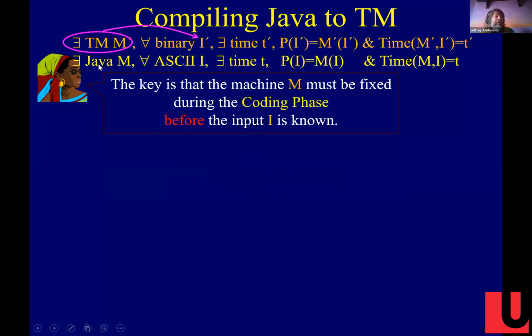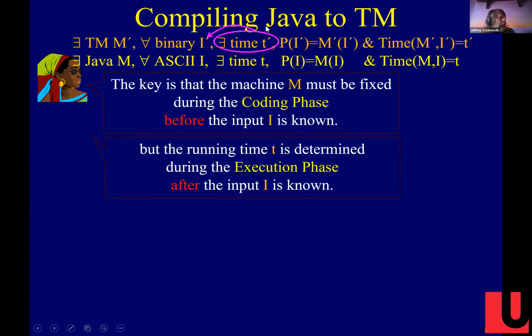Remember before we used compile time? Now I'm using coding phase. During the coding phase, you have to come up with the machine, the algorithm, before you know the input. And during the execution phase, which I used to call running time, you get to determine how much time is needed. And that happens after the input.